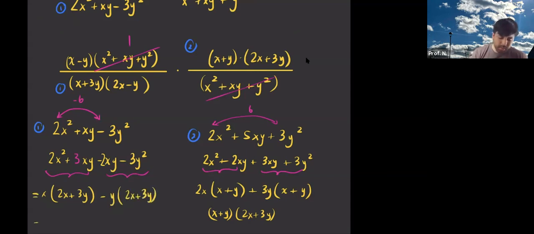So now this becomes 2x plus 3y, x minus y. So the only thing that changes here is this is an x minus y, and this should be a 2x plus 3y. And so now we have more things that cancel out. The x minus y is canceled, the 2x plus 3y is canceled, and the only thing that's left is the x plus y. And finished.